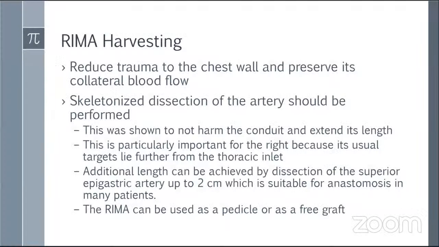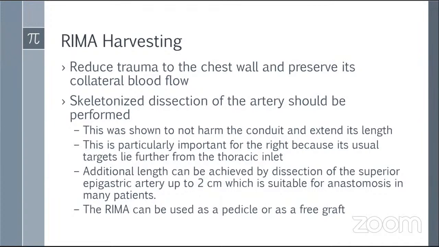Okay, so regarding the Verima harvesting, while harvesting it you have to reduce trauma to the chest and preserve its collateral blood flow by doing the skeletonized method. Skeletonized dissection of the artery should be performed while harvesting the Verima.